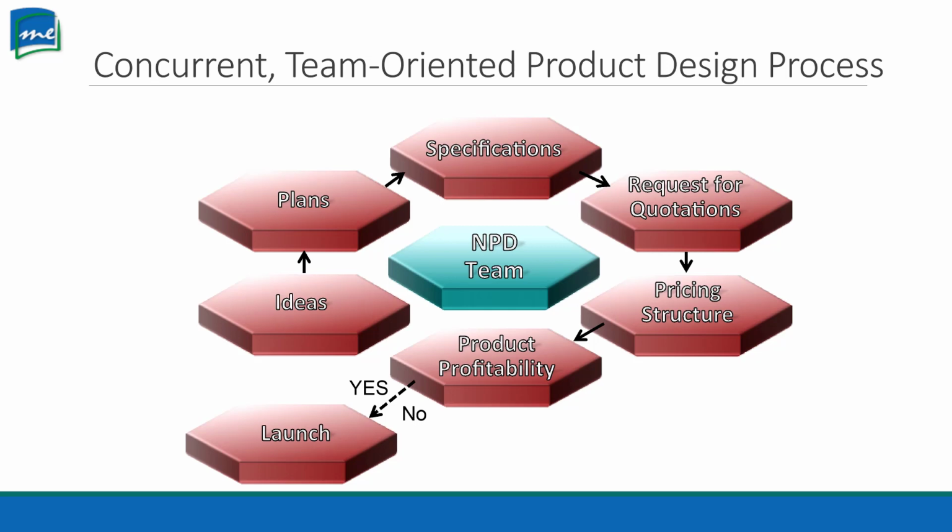And finance can start looking at it and saying, okay, we need it to be in this price range for it to be in our ideal cost. And then the team would, as it appears here, make the decision to launch or not. So this is team orientated. Everybody's working together.